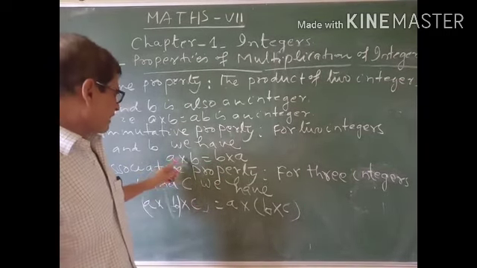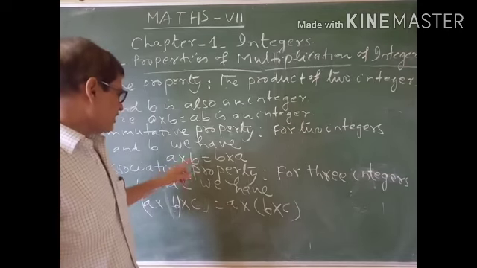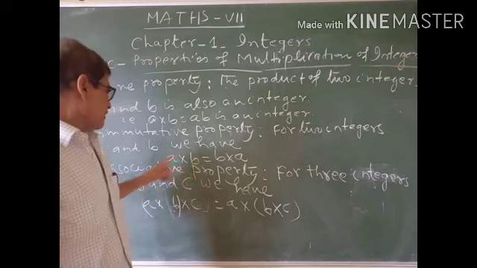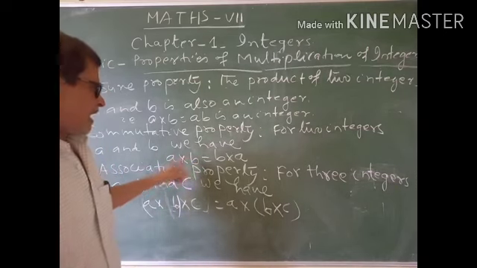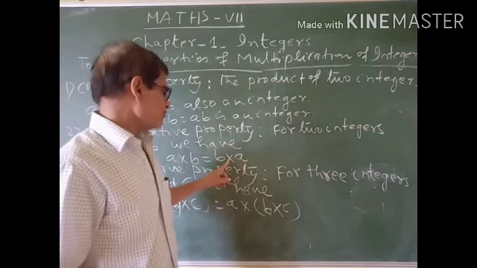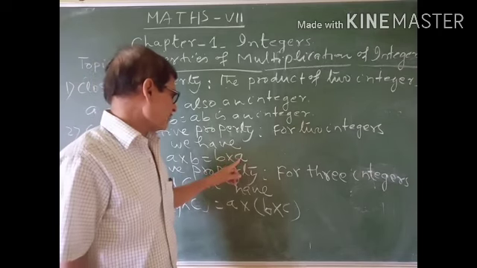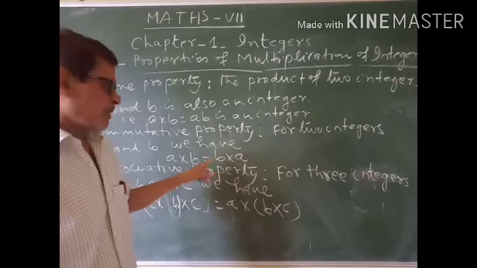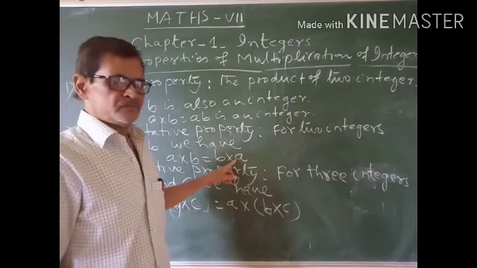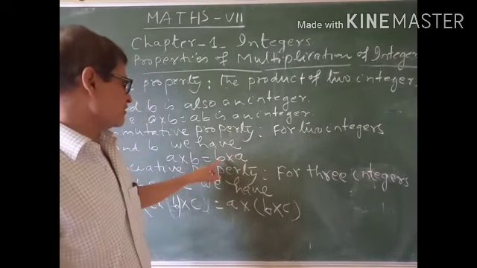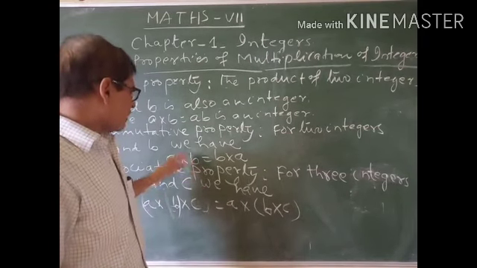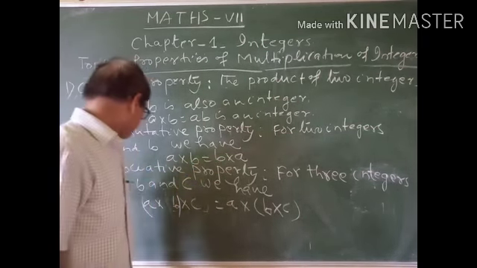Here a into b means I multiply b with a, and here b into a, here a is multiplied with b, but the product is same. It means the product doesn't depend on the order of integer.